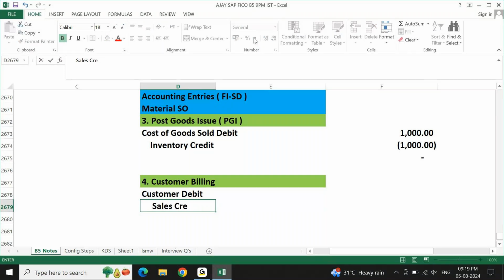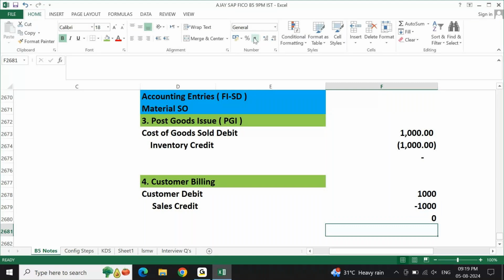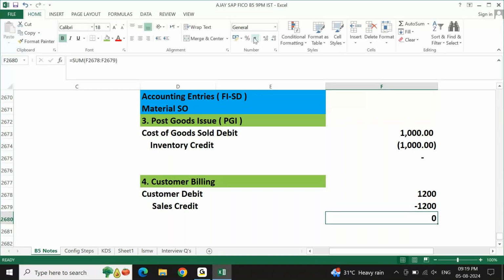Let me put the same amount, 1000 here and 1000 here. But here I'm not writing 1000. Let me put 1200 here, 1200 here. I will tell you why I am writing 1200.